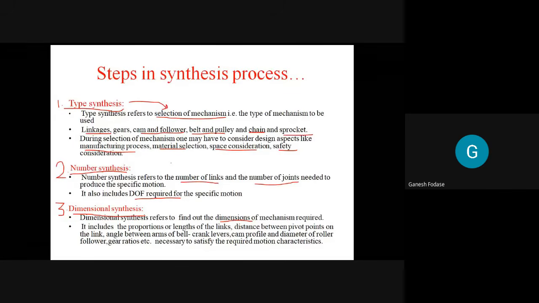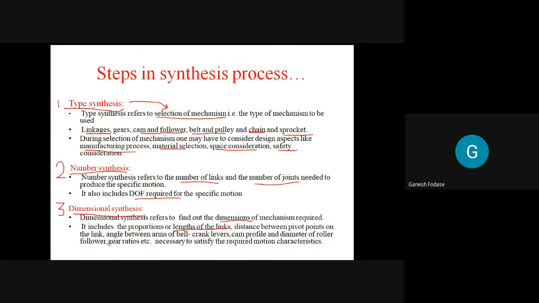Suppose there are 4 links, but how much is the length of each link? What is L1, L2, L3, L4? How much are theta 1, theta 2, theta 3, theta 4? Likewise, the length of the links, the angle between the different links, or the distance between pivot points, angle between the arms, links.